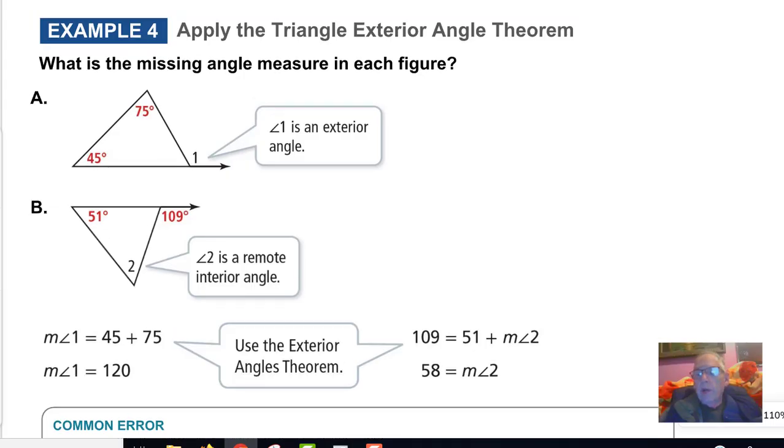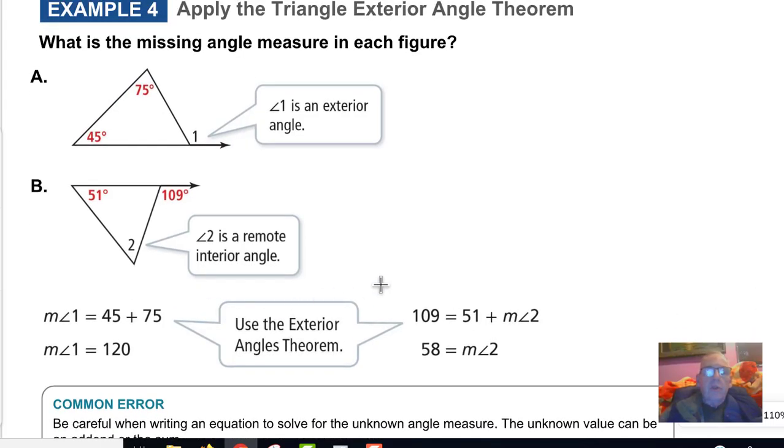Here we want to apply the exterior angle theorem for example 4. What's the missing angle measure? These two angles have to add up to the exterior angle. So the plan would be, if I want to find out what this angle is, I could add these two together and find the measure of angle 1, and then subtract from 180, and that's going to be the measure of the missing angle since these are a linear pair.